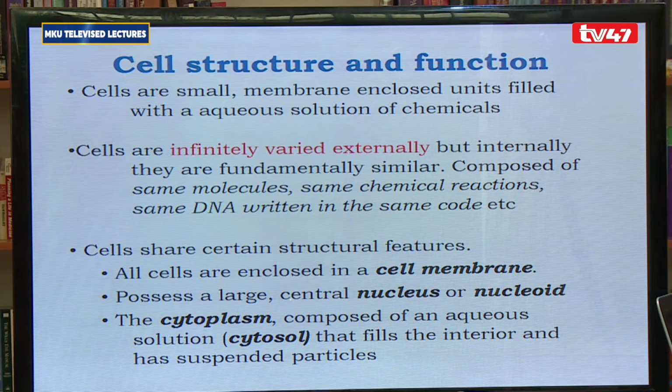Now, like I said, those cells are varied. They share certain structural features, meaning the three main components you'll find in a cell. There'll be an outer boundary, which we call the cell membrane. Then inside the cell, you'll always find a centrally located structure which we call the nucleus, and in certain cells we call it the nucleoid. We're going to look at the difference. And then there is the aqueous part, which I talked about earlier.